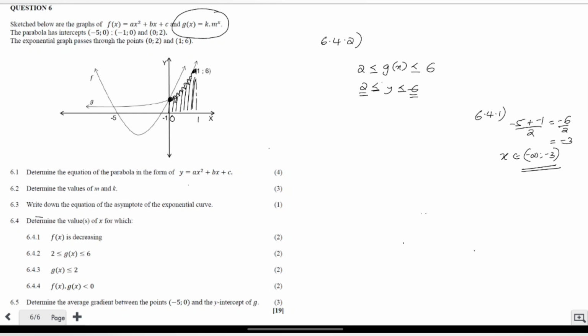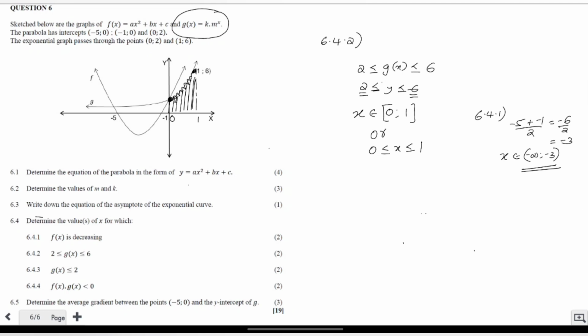So it's starting from 0. X values are starting from 0 to 1, closed bracket. So the answer is all the x values starting from 0 to 1, closed bracket, because the inequality is with an equal to sign. Or the very same answer we can write like this: 0 less than or equal to x less than or equal to 1. Both are correct. Is it clear now?